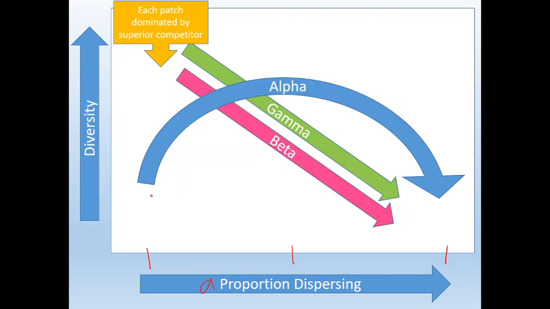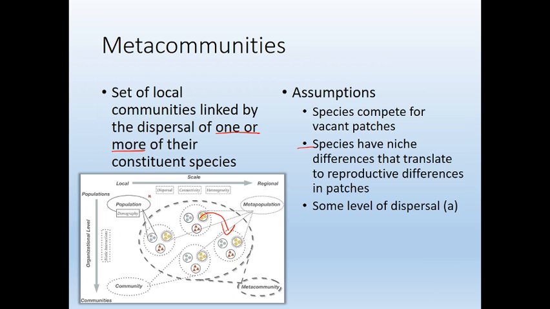One of the reasons we can relax those assumptions of actual reality, where we have niche differences shown as just reproductive differences, is we can look at metacommunities of just a specific group. Maybe it's just zooplankton, where we don't really see that many differences between them, or just bird species, where you don't necessarily have big niche differences between them.